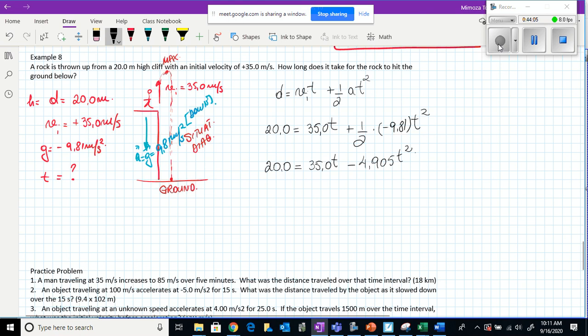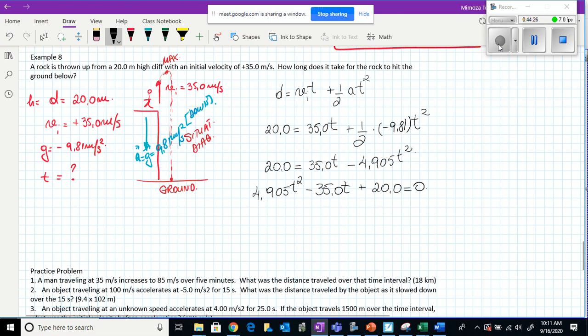I'm not expecting that you will know how to do it. If you are solving it using math, then you will sort it as 4.905 t squared minus 35.0 t plus 20 is equal to 0.